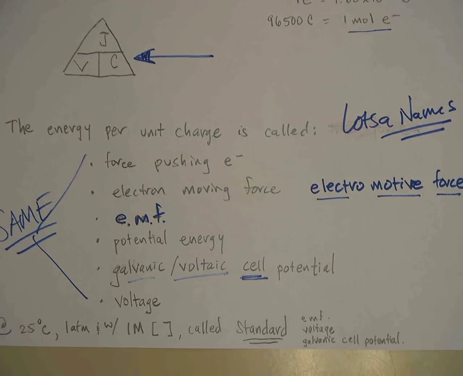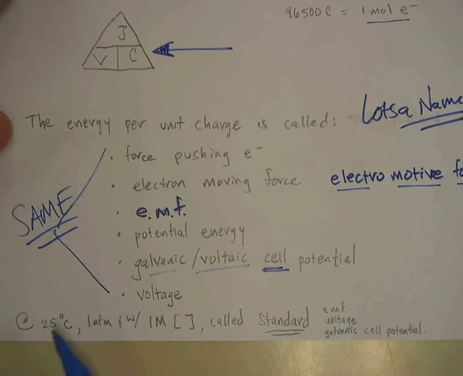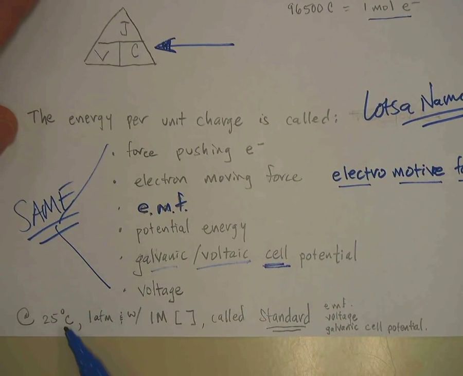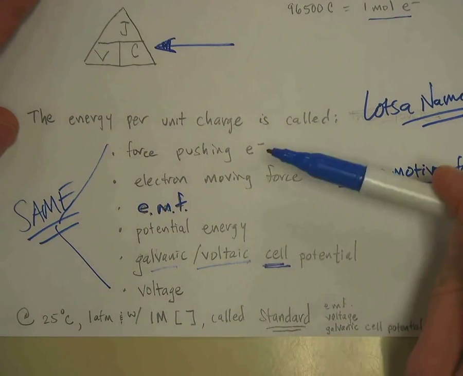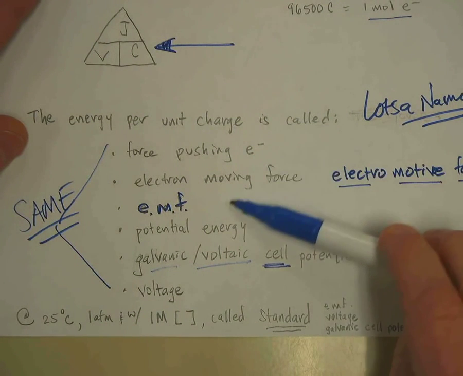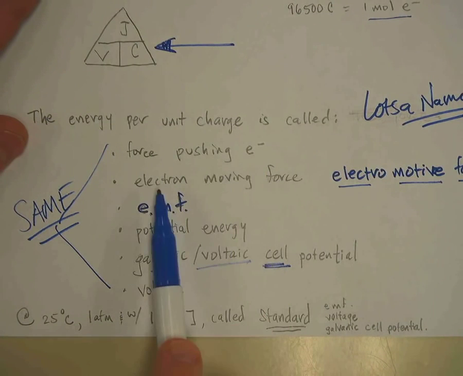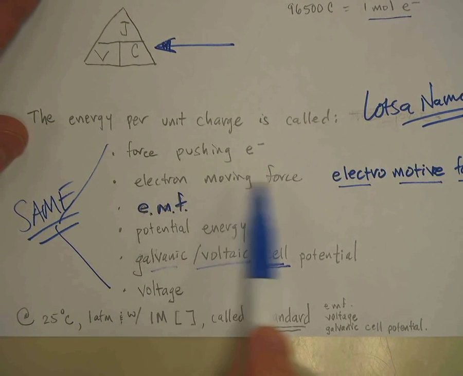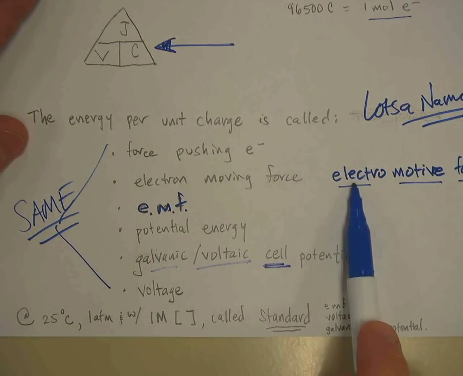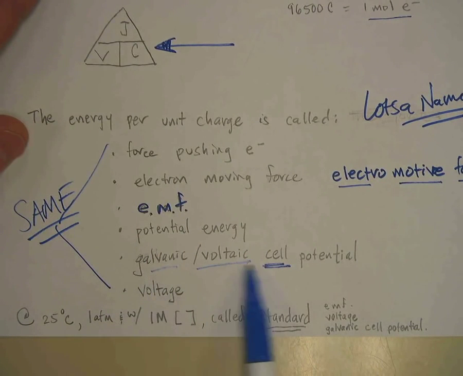Now, if these names occur at 25 degrees Celsius and 1 atmosphere with 1 molar solutions, now you can put the word standard in front of each one of these things. You can call it the standard force pushing electrons, the standard electron moving force, the standard electromotive force, the standard EMF, the standard potential energy, the standard cell potential, the standard cell voltage.